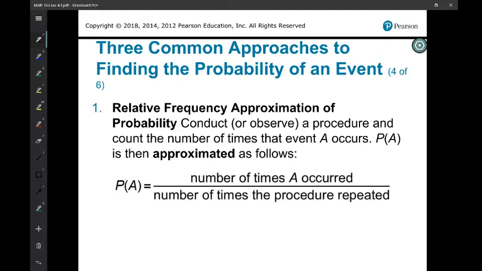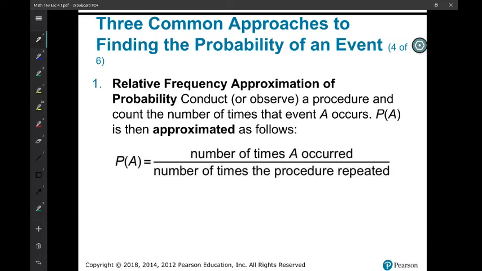Here's our definition for the relative frequency approximation, the one we used in the example above. So you take the number of times that an event occurs and divide it by the number of times the procedure was repeated. So this would be more for an experimental approach, if you were conducting some experiment to conclude the probability of an event.